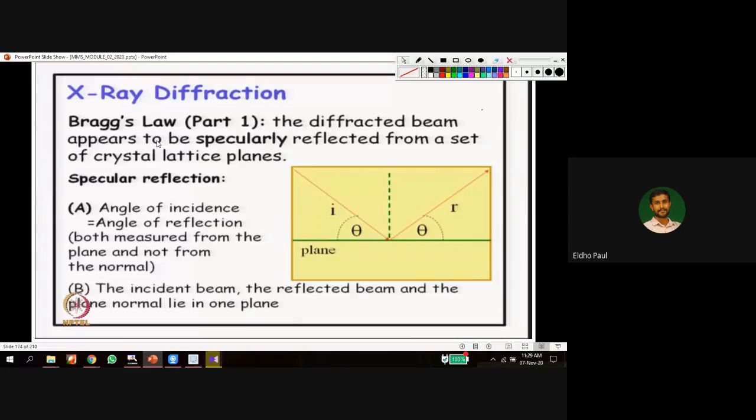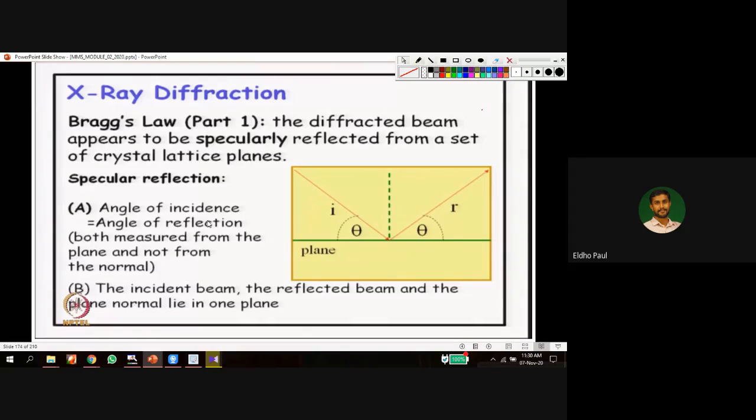The diffracted beam appears to be. It's not actually a reflection, but it appears to be specularly reflected from a set of crystal lattice planes. This is the plane. So this is the incident beam, making an angle theta. This is the diffracted beam that appears as a reflected beam.